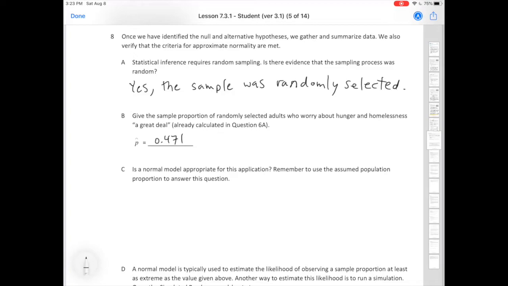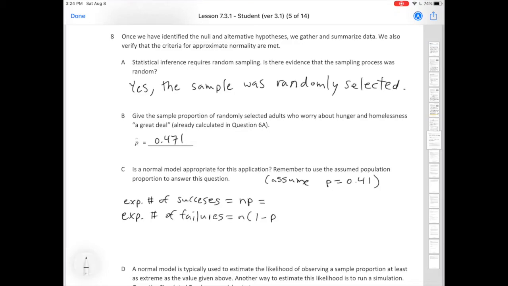Now remember, we're assuming that p is equal to 0.41. We always assume the null is true. So this means that the expected number of successes is n times p, and the expected number of failures is equal to n times 1 minus p.